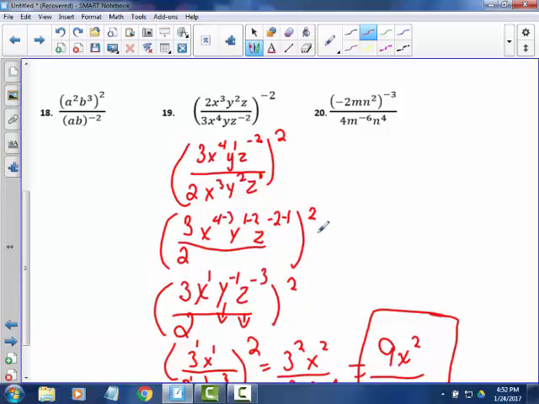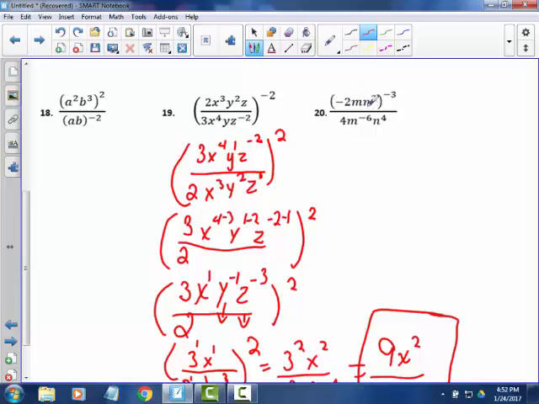Okay, now there is another way you can do this. Instead of taking care of the -2 to begin with, we could have distributed the -2 at the very, very beginning to everything, and then simplified to get rid of any negatives that were left. So how would that have looked?